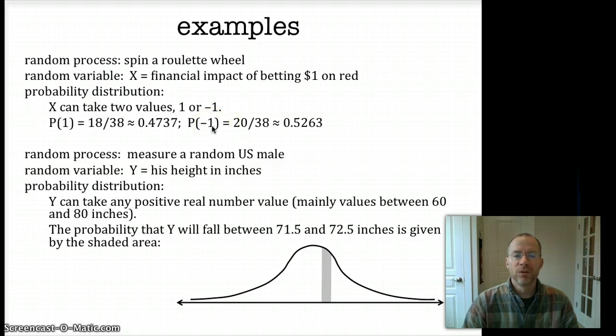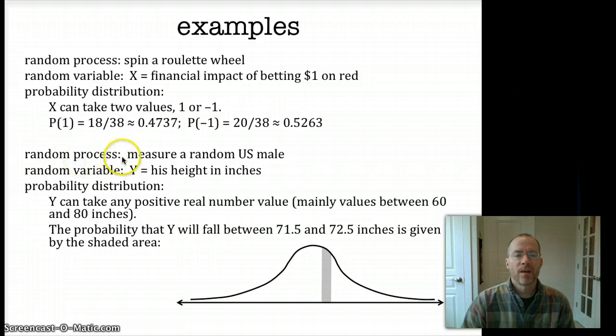The probability of losing $1, there are 20 non-red slots out of 38. About 52.63% of the time the gambler will lose $1. A couple of characteristics of a probability distribution. The probabilities for all of the events, if you added them together, you're going to get 1, right? Because 100% of the time you either win $1 or lose $1.